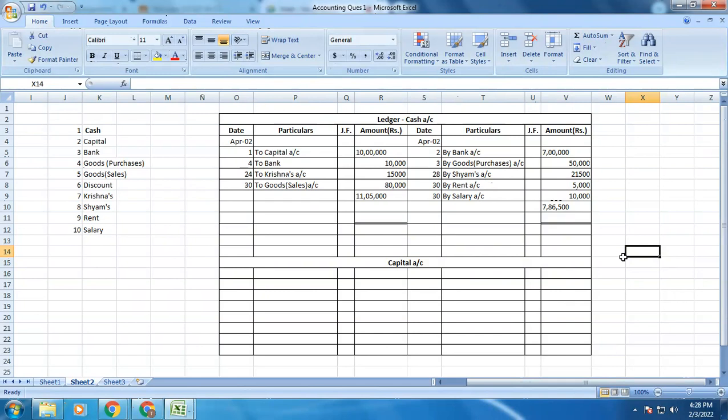Okay. Now once we've totaled the two sides separately, we'll calculate the difference in the two sides. So I'm using the Excel sheet to make the calculation. I take my cursor to one of the cells and start with is equal to 11 lakh 5,000 minus 7 lakh 86,500.